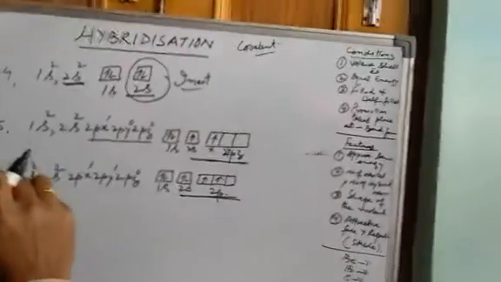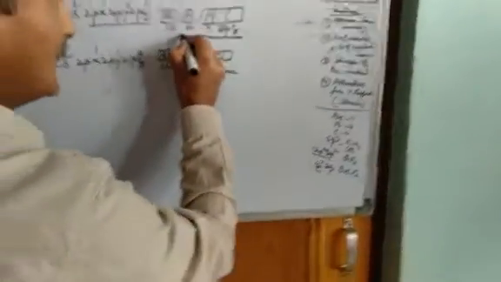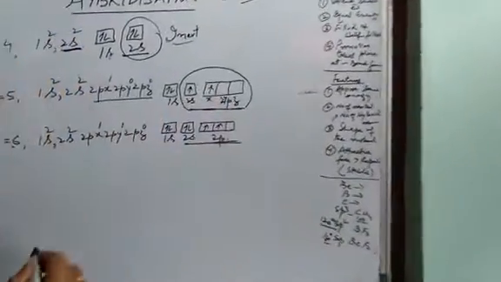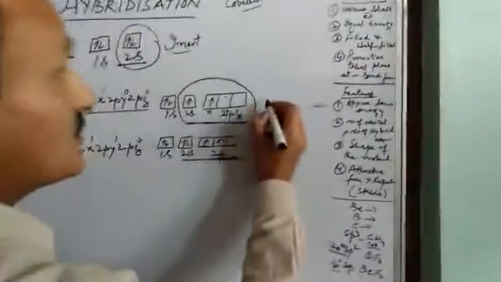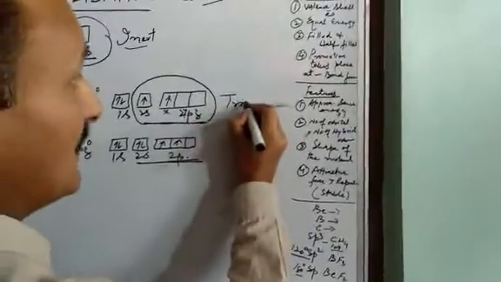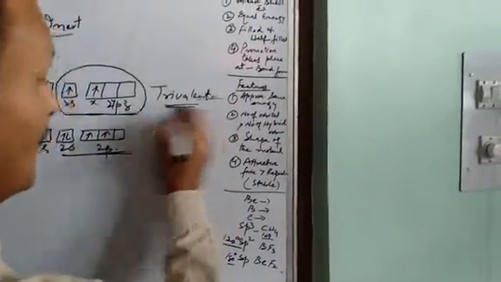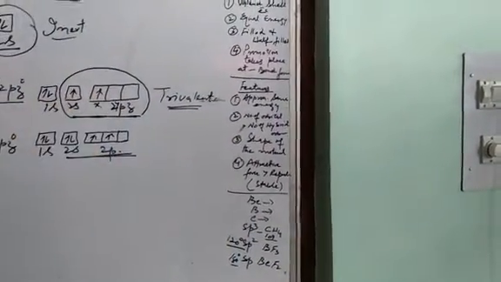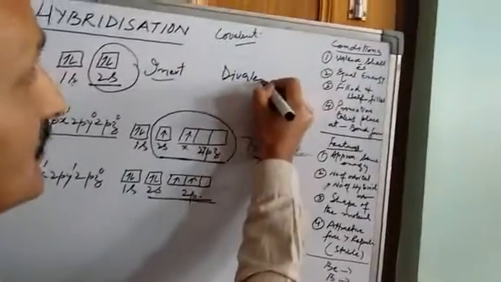It does form bonds. Similarly, in boron we find 2 half-filled orbitals. But we know that boron is a trivalent element. Trivalent means it should have 3 half-filled orbitals, but it has only 2 here. Beryllium is always divalent in its compounds.